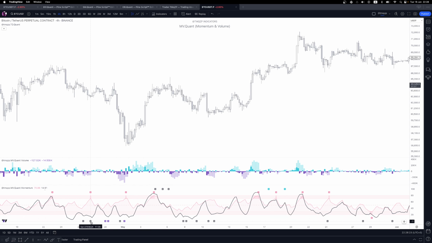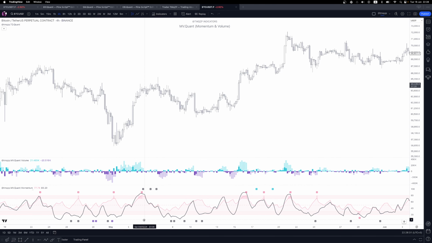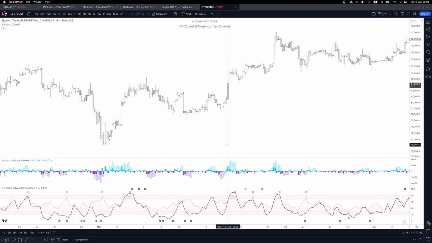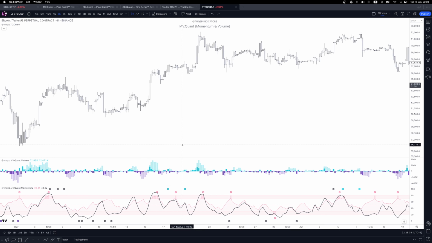And you can see that now the divergences actually are proper, right? So you can see here there's divergence between this point and divergence between this point, and so on. You can run the oscillator in momentum mode with the period of 1 if that's what you want to do. That's totally fine.